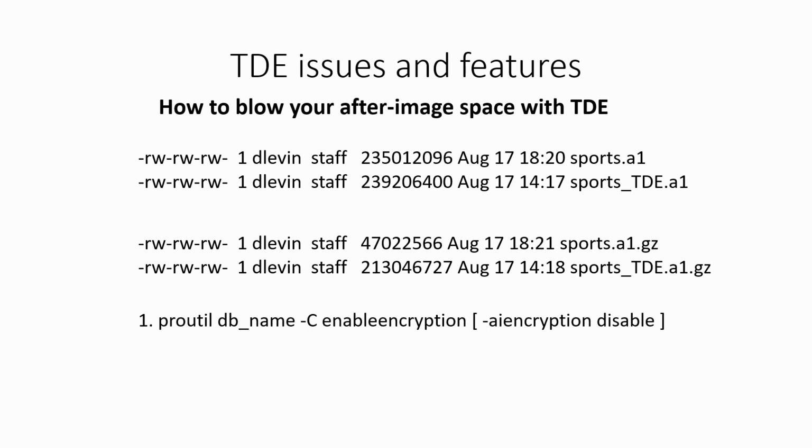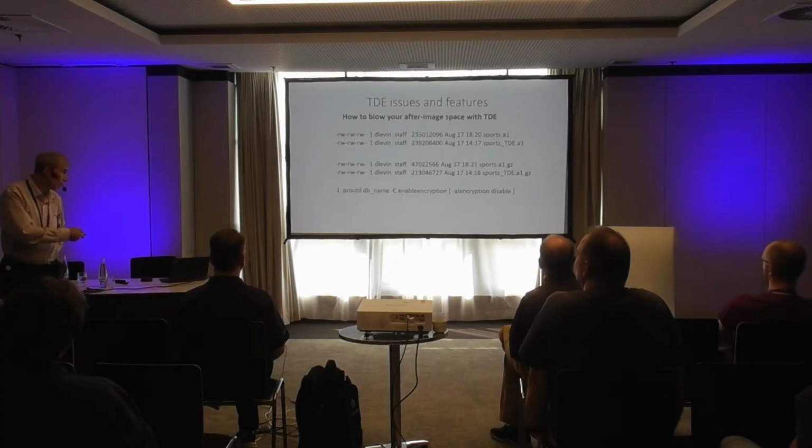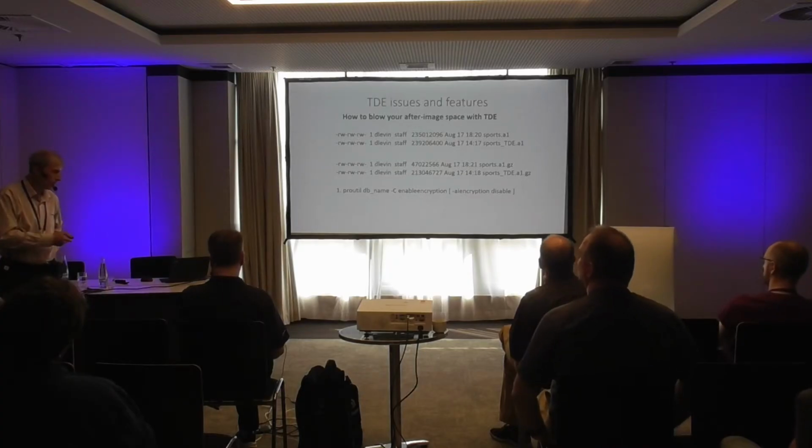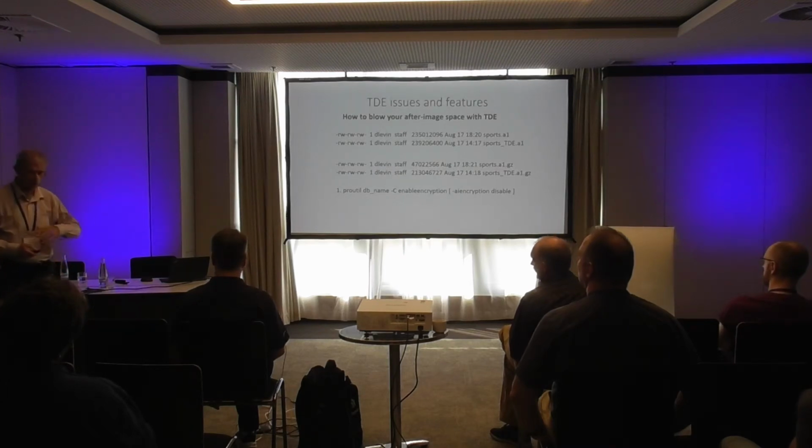If you do that, then after images will not be encrypted. And that's what I use. I basically redid the whole thing, and you cannot disable encryption just for BI or just for AI. You need to disable TDE again, and then enable it with this option. So that's one feature you should be aware of.